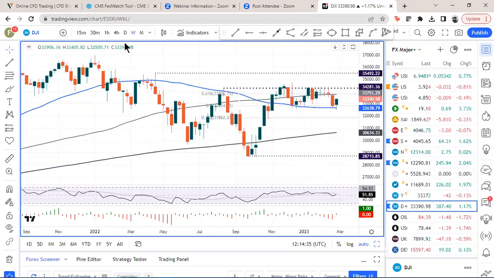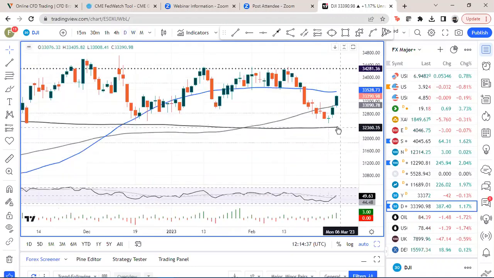So we've bounced off that. And then in the daily, you can see, yeah, nice bounce. Didn't get to the 200-day moving average, through the 100-day moving average, and then up to potentially the 50-day. That's at 33,528.